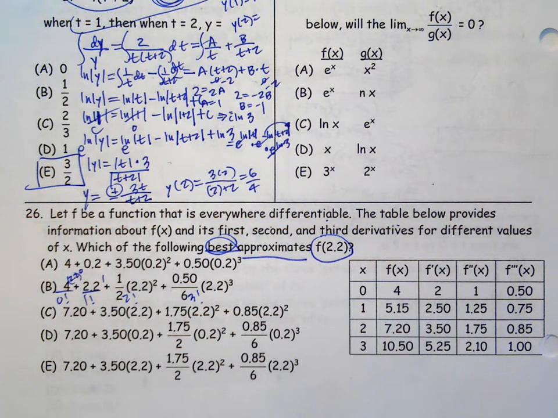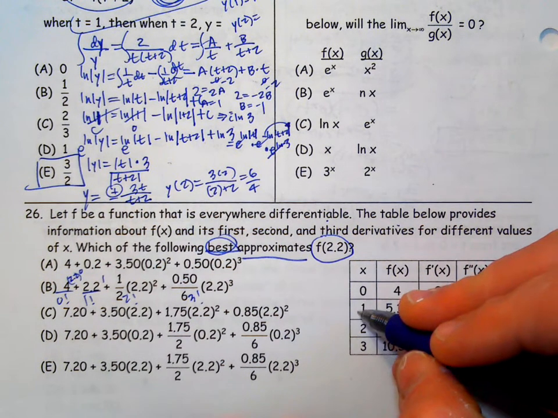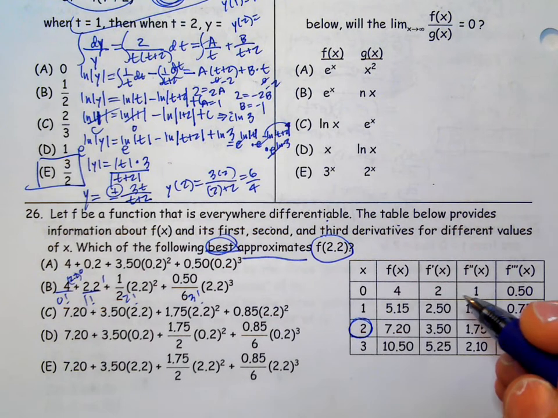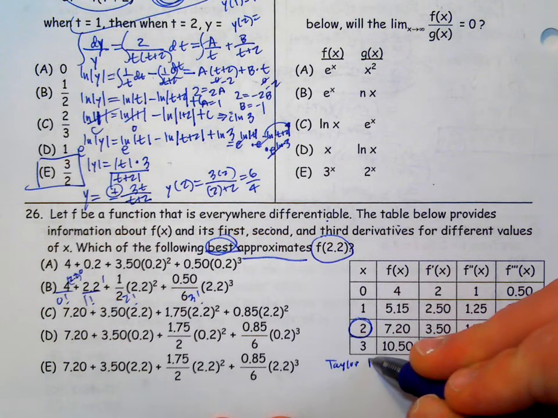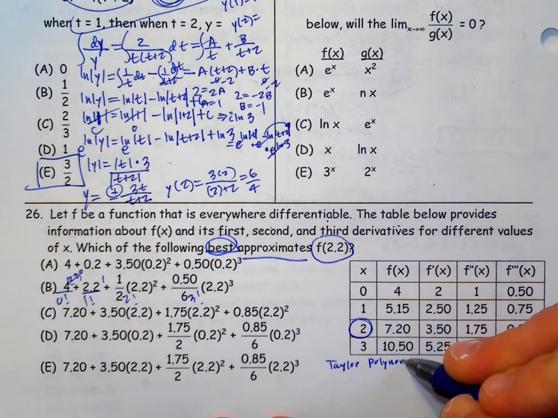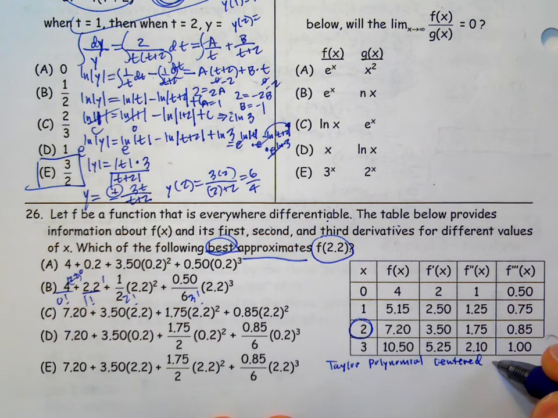Now, what would be the best approximate for 2.2? Well, we'd want a series centered around a number that's closer to the value that we want to use for it. So I would say we should maybe go with 2 and do a Taylor polynomial centered at a equals 2, x equals 2.